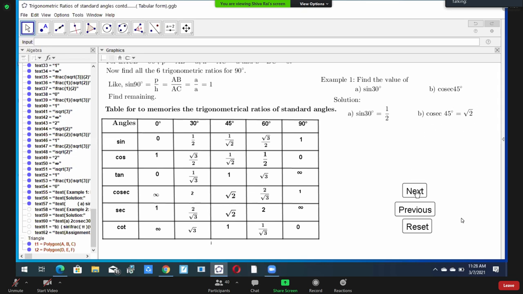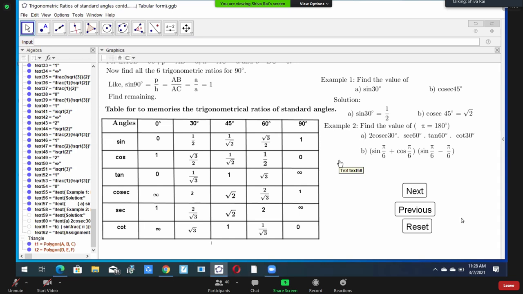Okay. Now next number, 2 number also. Let's see here, 2 number. Look here. Find the value of pi equal to 180 degree. You know, the value of pi equal to 180 degree. Pi is radian measure. That radian measure equal to 180 degree, we have already done while converting one system into another system.